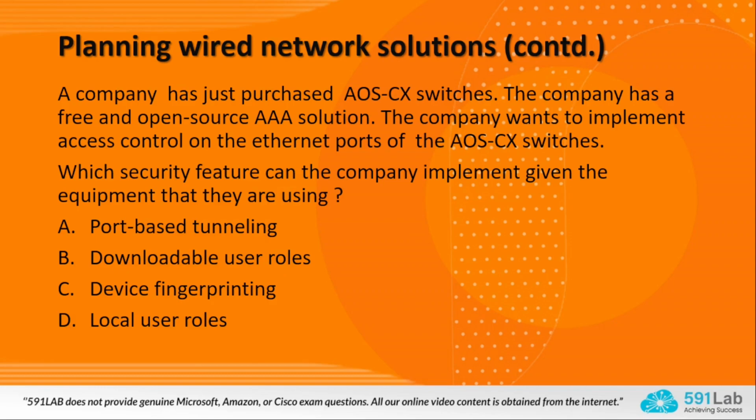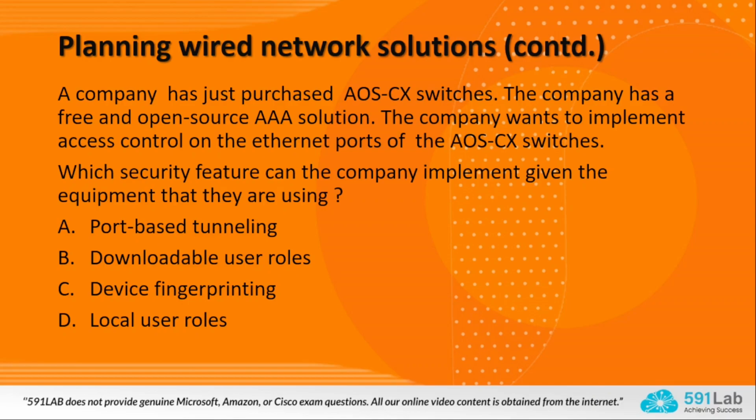Option C, device fingerprinting. Device fingerprinting is examining protocol information from the device, like DHCP and HTTP payload information, and using this information to identify additional information about the device, like the product, operating system and other information.